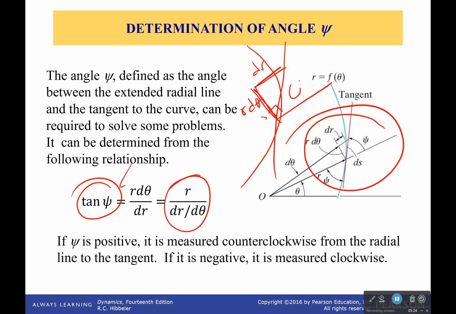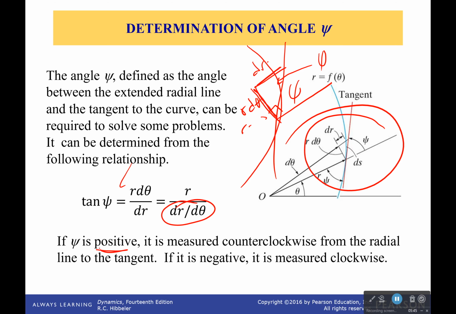So if this right here is psi, then that angle right there must also be psi, opposite interior angles. And so therefore we have opposite over adjacent, tan of psi. And we can rewrite that if we want to, like so.